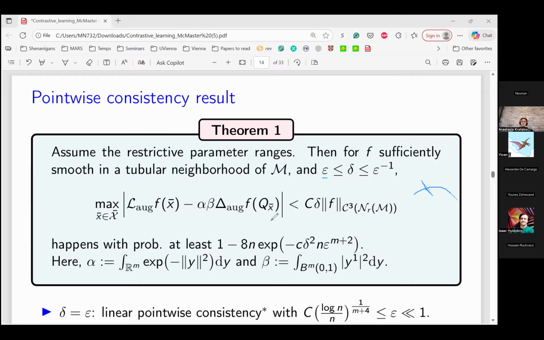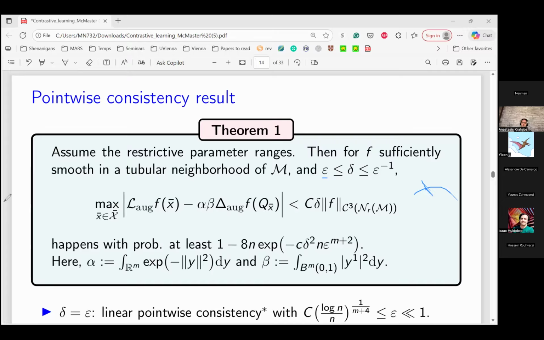The difference between them is bounded above by this delta multiplied by some smooth norm of f. This difference is uniform for every point in the augmented data cloud, and this event happens with probability at least 1 minus n exponent of negative c delta squared epsilon to the m plus 2. Alpha and beta here are some positive quantities that you can calculate.